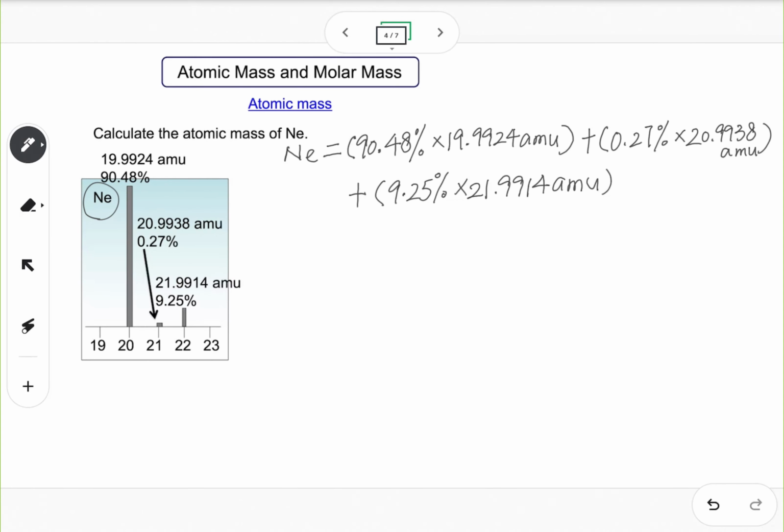Now let's do the calculation. Like I said, when you do the calculation involving percentage, you have to convert that to the actual value, so essentially it would be this number divided by 100.